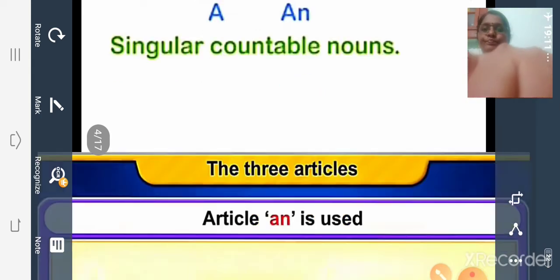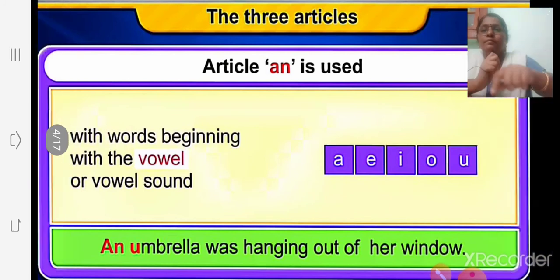Now, where can we use the indefinite article an? With words beginning with vowels or vowel sounds.